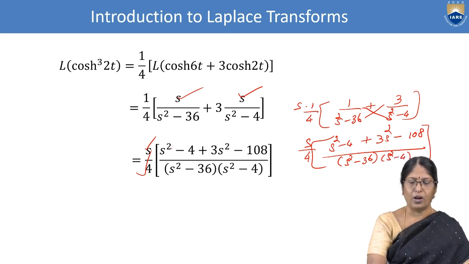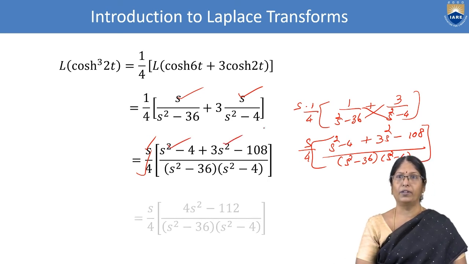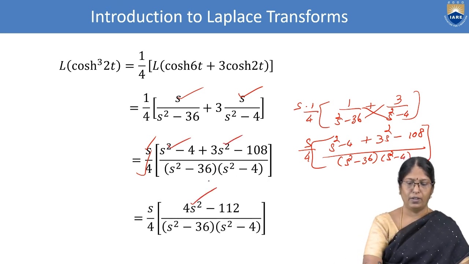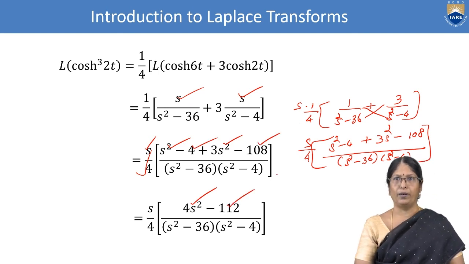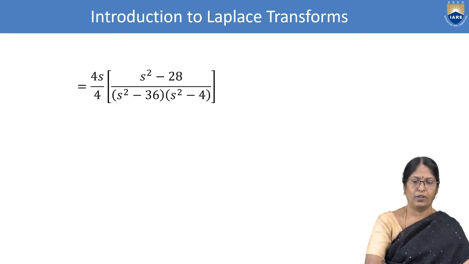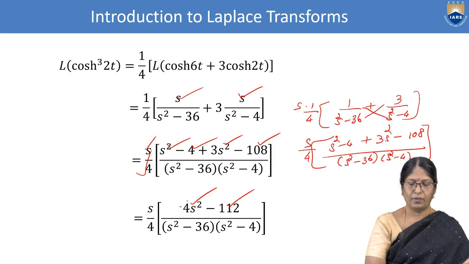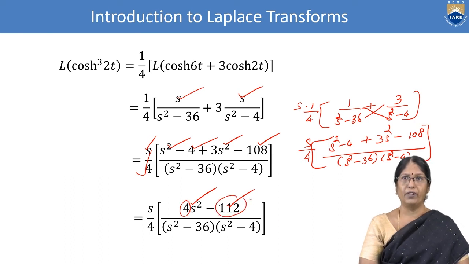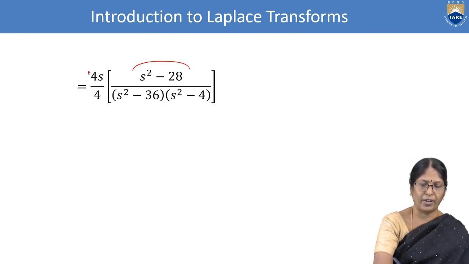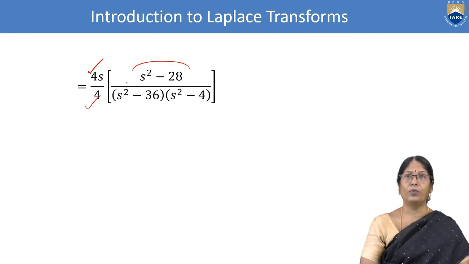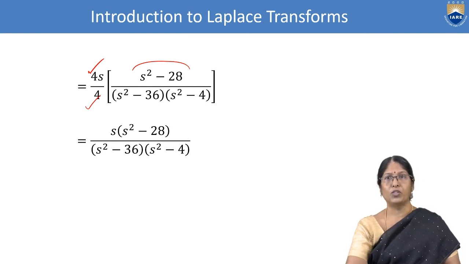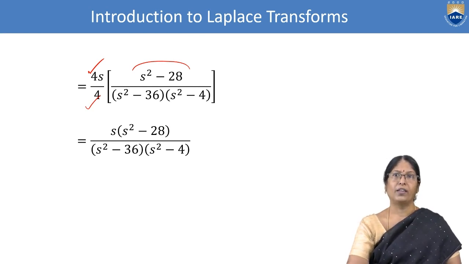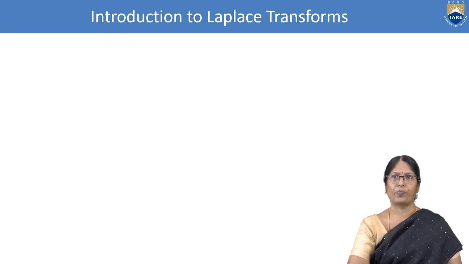Now s square plus 3s square is 4s square, and minus 4 minus 108 is minus 112. In this, 4 is common, so we have taken the 4 out. So 4 by 4. The final answer we got is s of s square minus 28 divided by s square minus 36 into s square minus 4.